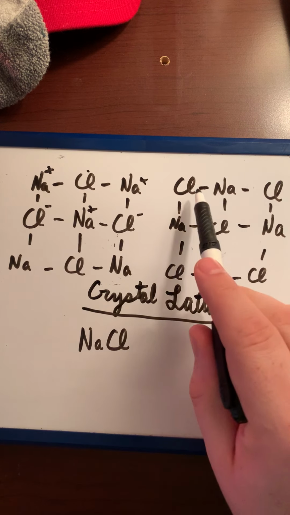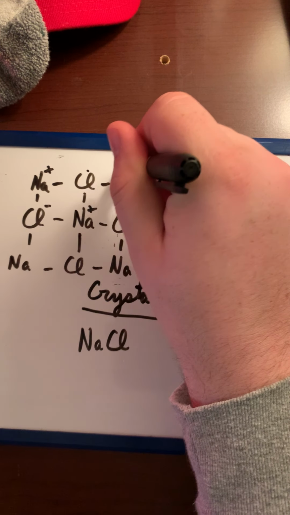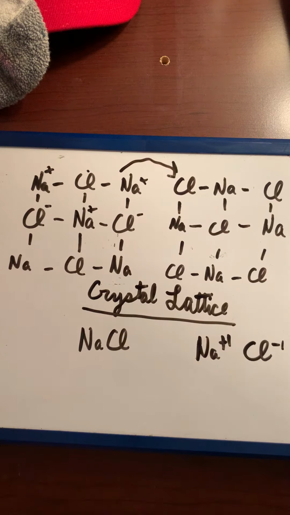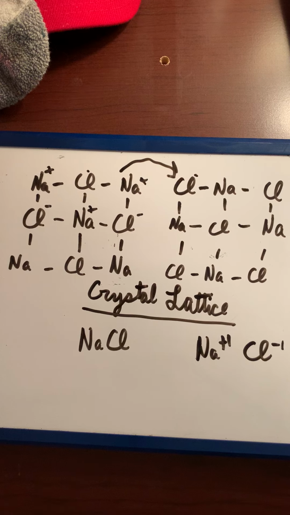Now on the other one, I actually created what it would look like on the sheet behind it. So when you look at this, if you superimpose this onto this, and all superimpose means is you put one thing on top of the other, this sodium would line up with this chlorine. That's a positive and a negative lining up together, and they attract each other.